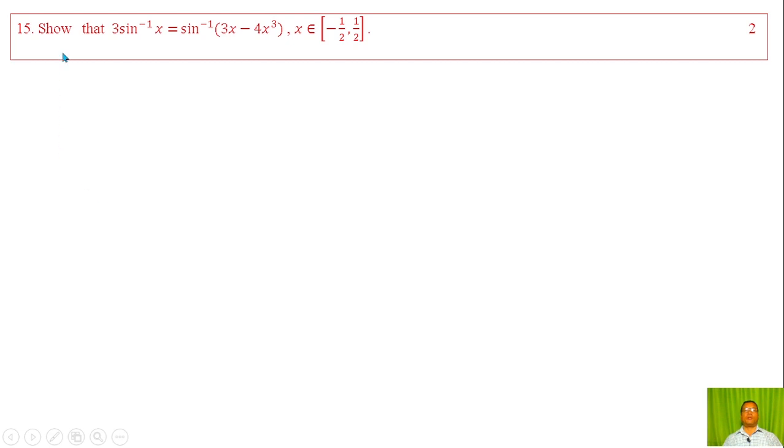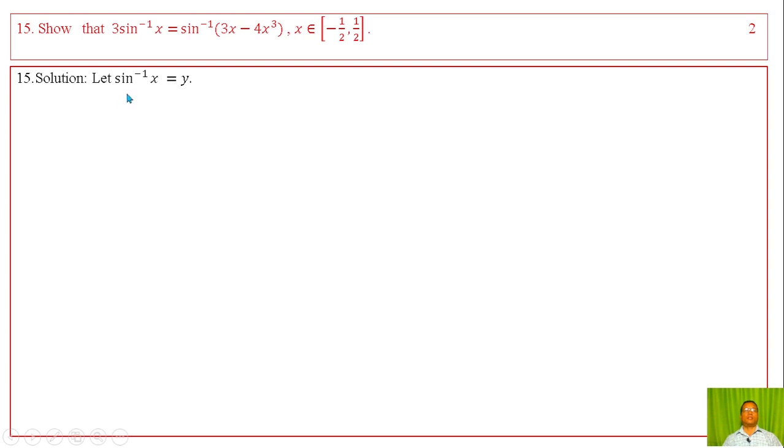Question number 15. Prove that 3 times sine inverse x equal to sine inverse of (3x minus 4x cube), x belongs to this interval. 2 marks. Let sine inverse x be equal to y, which implies x equal to sine y. Now, sine inverse x is y. Putting that in, we have sine of 3y, whose expansion in sine y is 3 sine y minus 4 sine cube y.